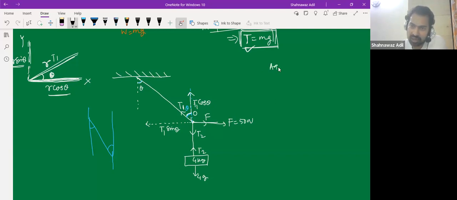Rishita, Elham, and Amna, what is your answer? I'm asking how many points or masses are there where all the forces are acting? And to remind you guys, this is at equilibrium.